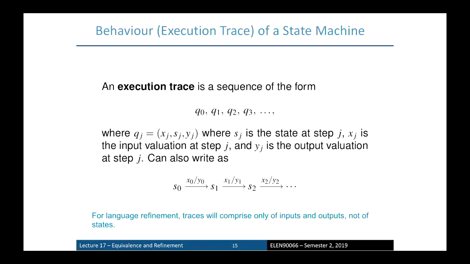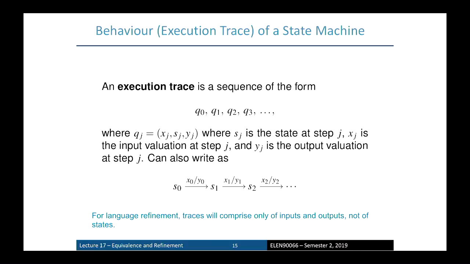So remember what an execution trace of a state machine was. It's a sequence where each step, so we title these as queues, and each queue is a combination of all of the inputs, outputs, and the state at a particular step. And there's a nice way of writing this, particularly for smaller state machines where you don't have to go over the top in terms of the amount of inputs and outputs, as a little arrow transition.